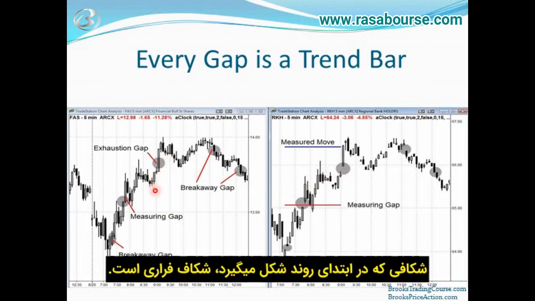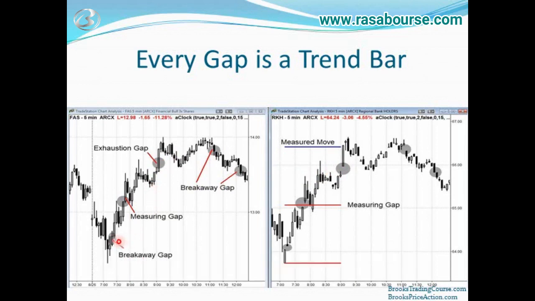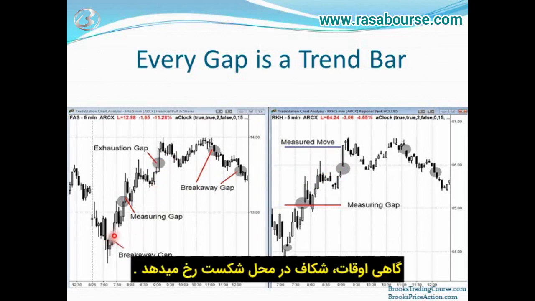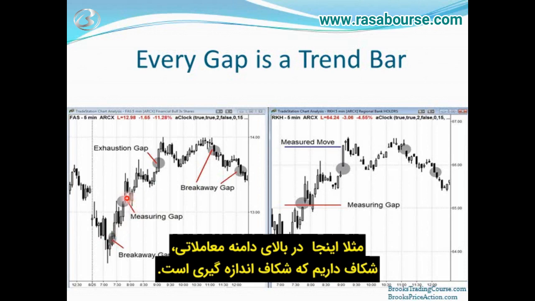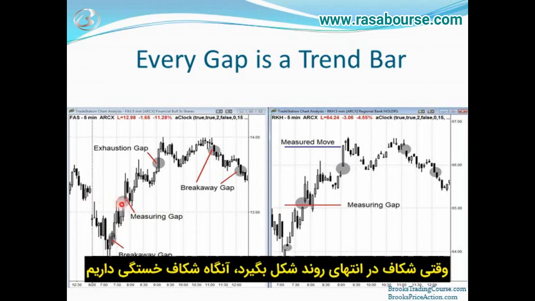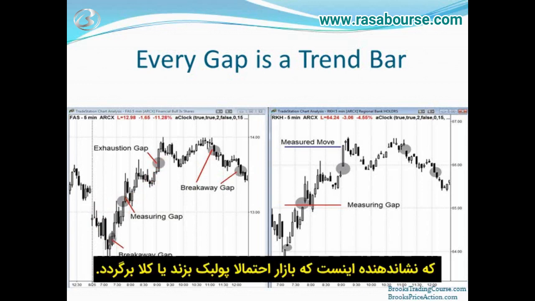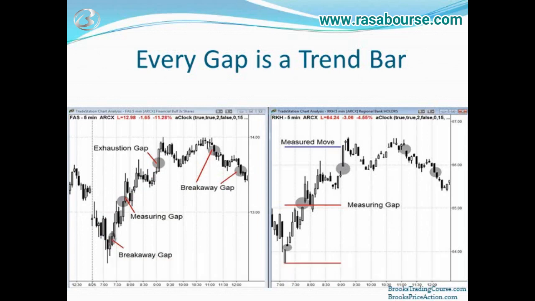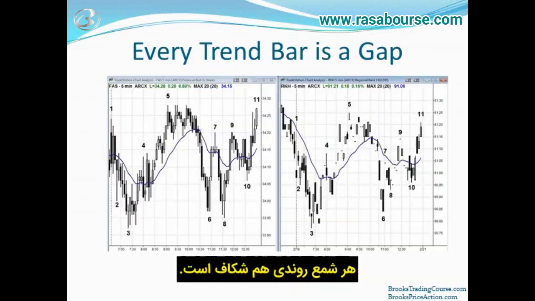When a gap occurs at the beginning of a move, it's a breakaway gap. When it occurs on a breakout here above a lower trading range, it's a measuring gap. When it occurs late in a move, you have to wonder if it could be an exhaustion gap, letting you know that the market might be trying to pull back or reverse. Every trend bar is a gap.